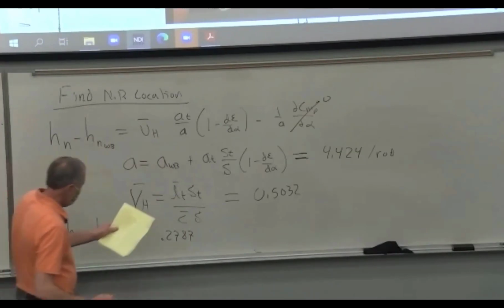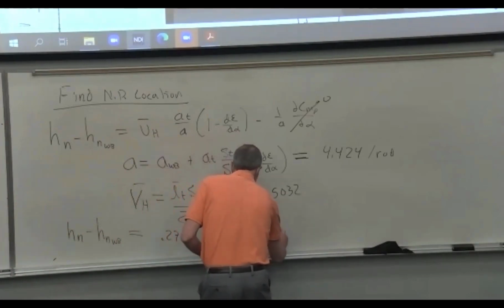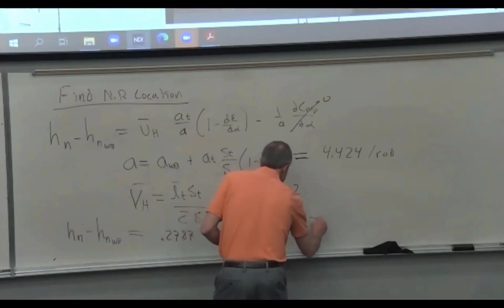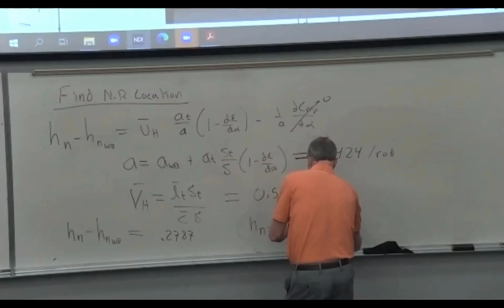So if we wanted an actual distance, we have to multiply by c-bar, which is 4.9, and you get 1.36 feet.